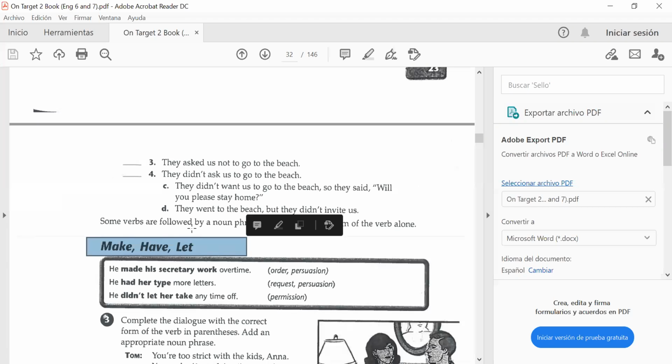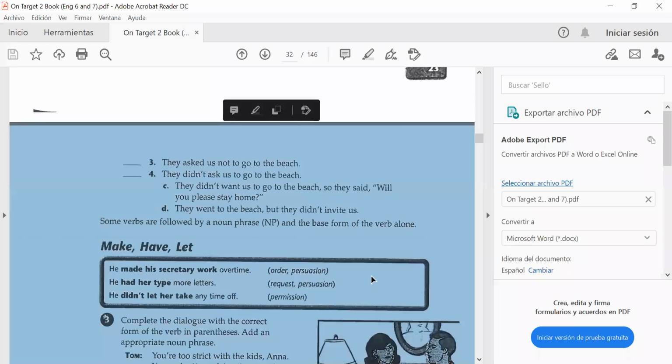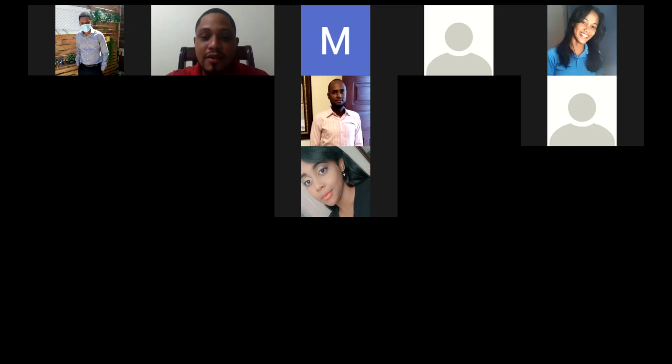That's right. Look at this. Some verbs are followed by a noun phrase and the base form of the verb, alone.